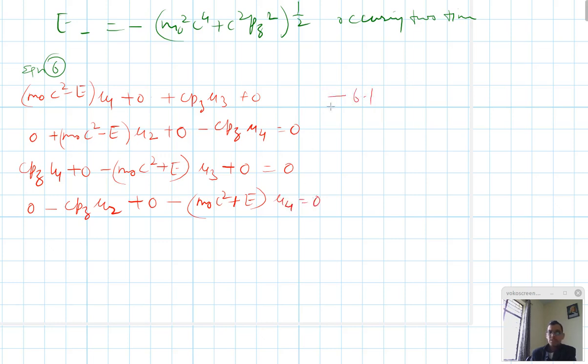It is equation 6.1, and it is 6.2, and this is 6.3, and this is 6.4. Let me call this whole as equation number 6, as I talked about earlier.